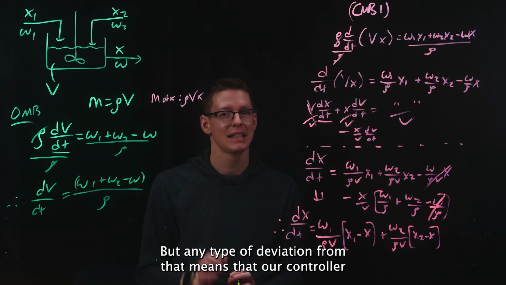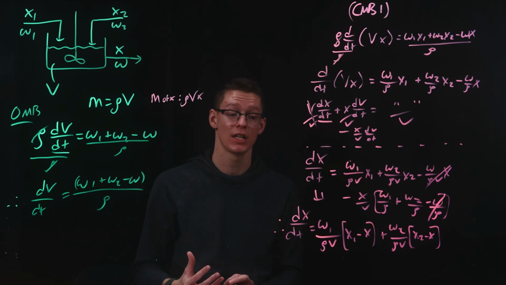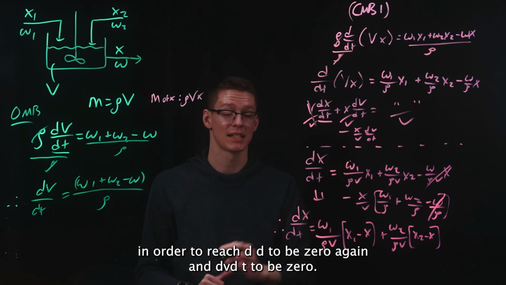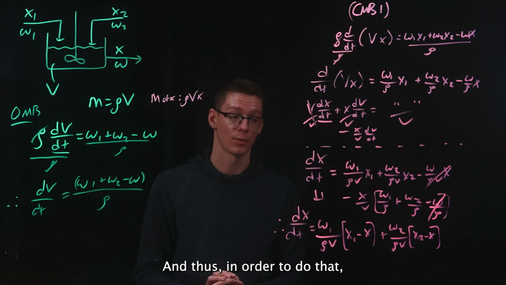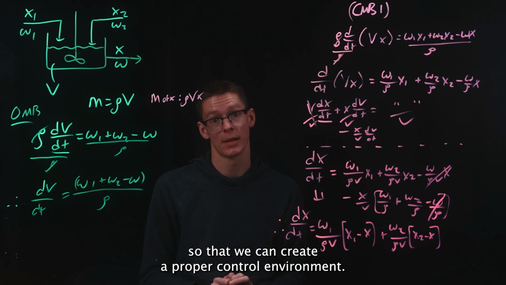Any deviation from that means that our controller, which wants to keep us at steady state, has to make appropriate changes to bring dx/dt back to 0 and dV/dt to 0. In order to do that, we have to understand how these systems work and be able to model them so that we can create a proper control environment.